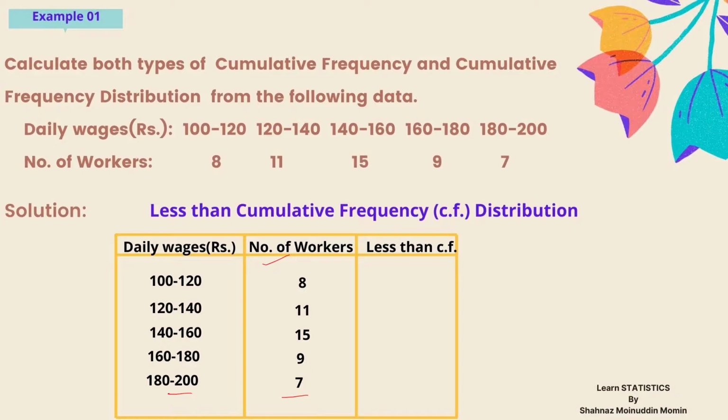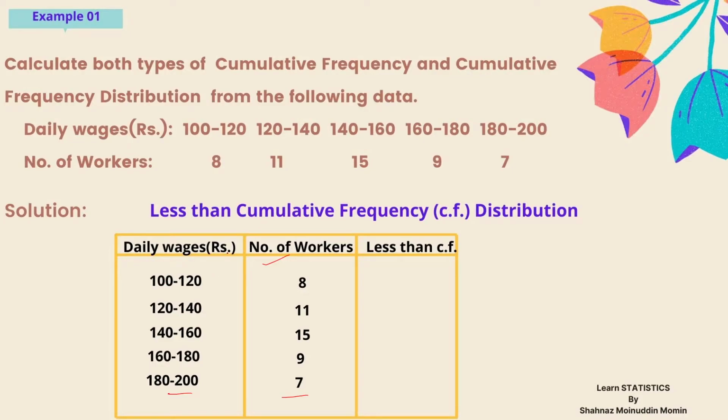Now let us start the solution. As we know, there are two types of cumulative frequencies. First is the less than cumulative frequency and second is the more than or greater than cumulative frequency. Now first we shall calculate the less than cumulative frequency. Write down the given data in a tabular form.